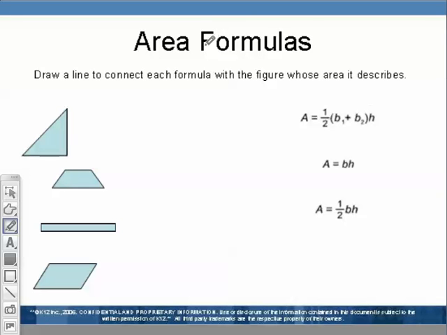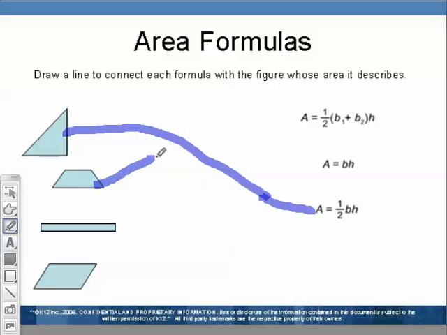So this is a matching game. What is the area of a triangle? Well, the area of the triangle is this formula right down here: 1/2 the base times height. What is the area of a trapezoid? Well, that's the longest one here, right? It's the one where we're using the mid-segment formula times the height.